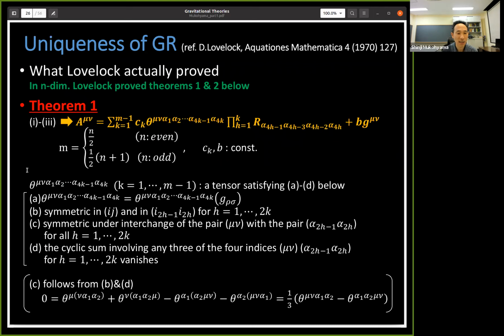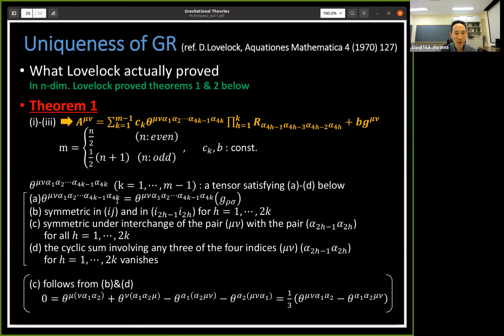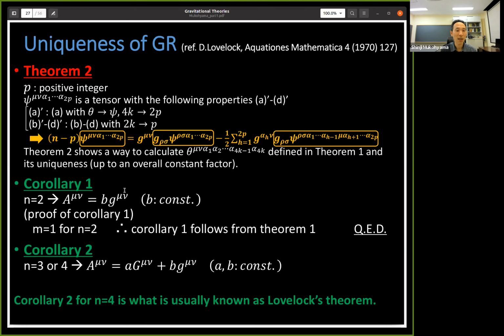As a special case, we get this. So theorem 2 is a bit more general than what we need. Suppose we have a tensor like this with 2p plus 2 indices, and it satisfies the following properties: A prime, B prime, C prime, and D prime, which are basically these conditions with 4k replaced by 2p and theta replaced by psi. So basically theorem 2 helps us construct theta out of these conditions.